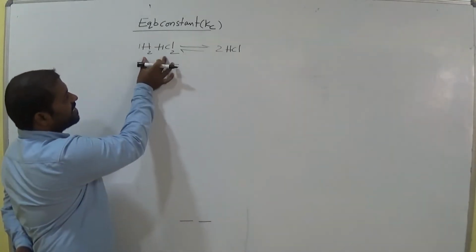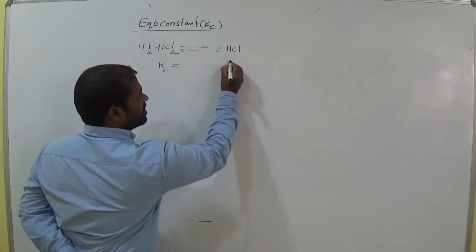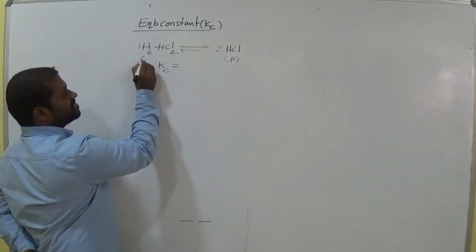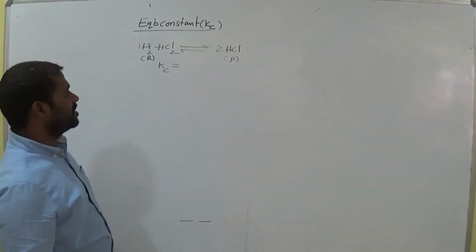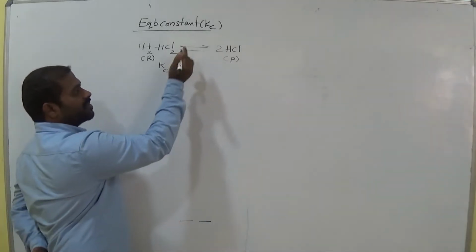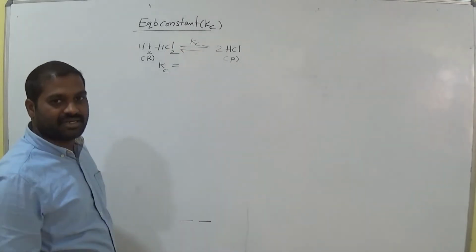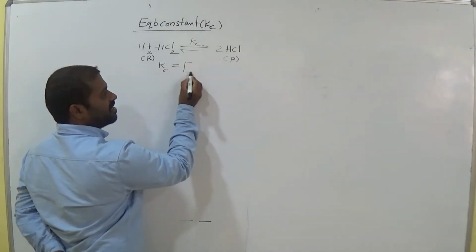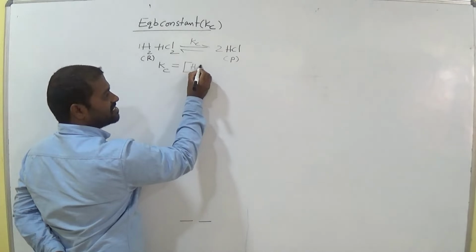Now these are the reactants. This one is the product. Am I right? This is taken as product. This one is taken as reactants. Now the equilibrium constant Kc expression for the above reaction is the molar concentration of product. What is it? HCl.